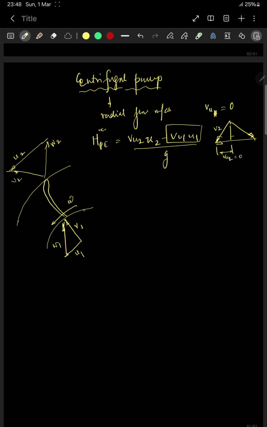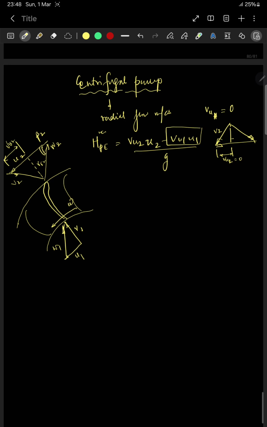This is how the blades are arranged, right? This is beta 2, this is Vr2, this is Vu2, right? Now this is 90 degrees, it enters radially. Head is Vu2 U2 by g.